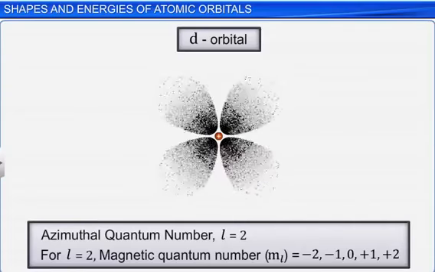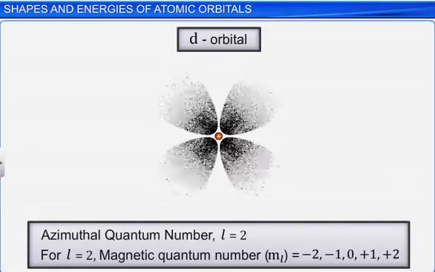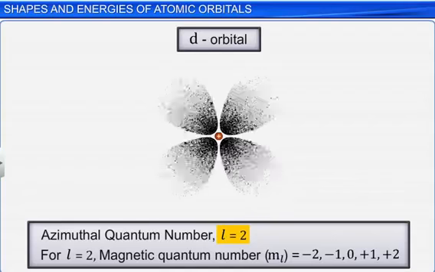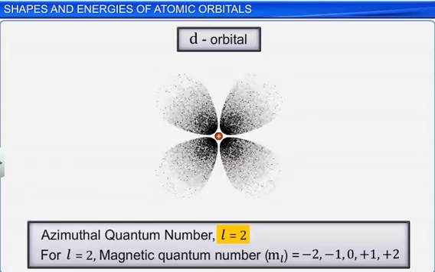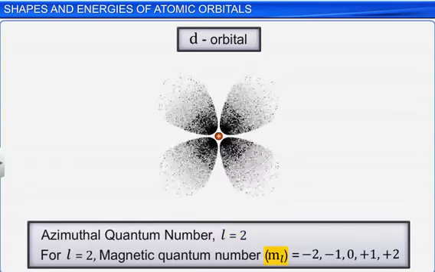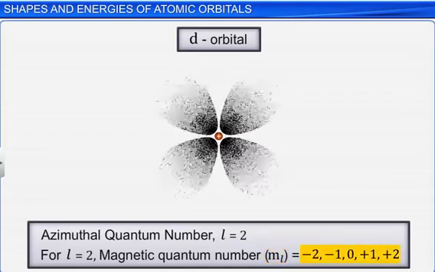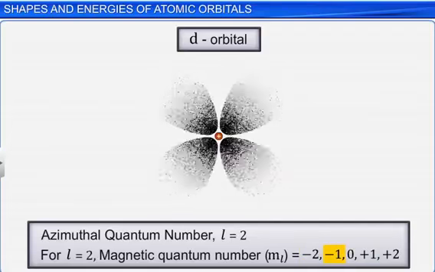For the d orbital, the azimuthal quantum number L is equal to 2. Therefore, the number of possible orientations given by the magnetic quantum number ML is 5, corresponding to ML equal to -2, -1, 0, +1, +2.